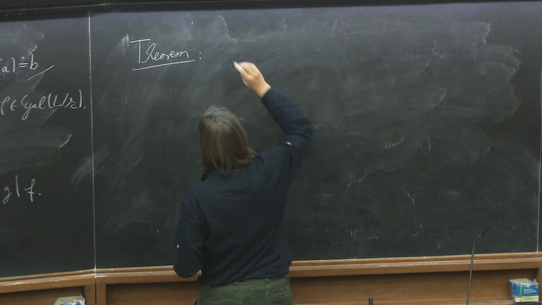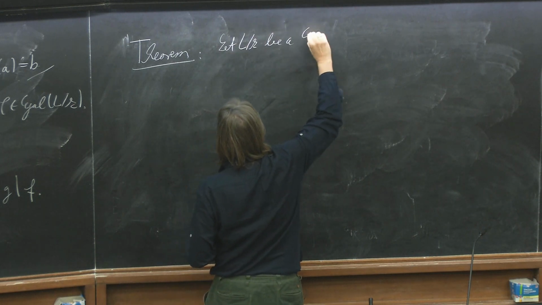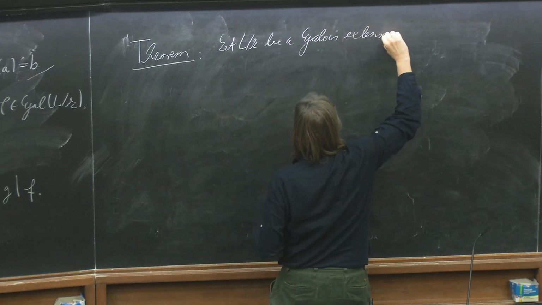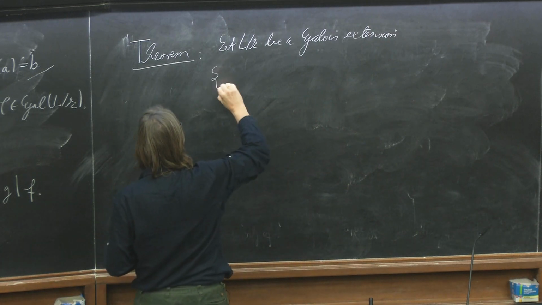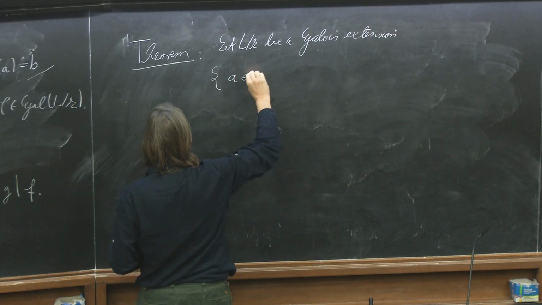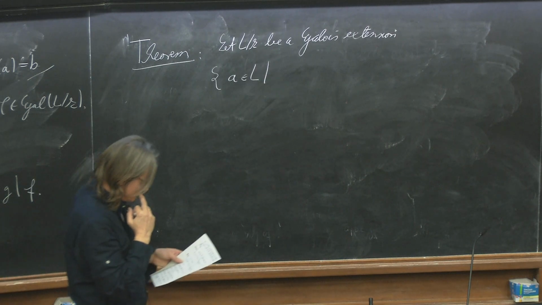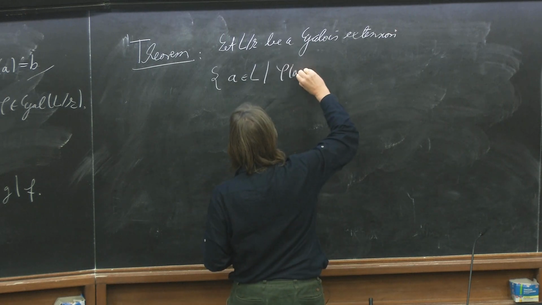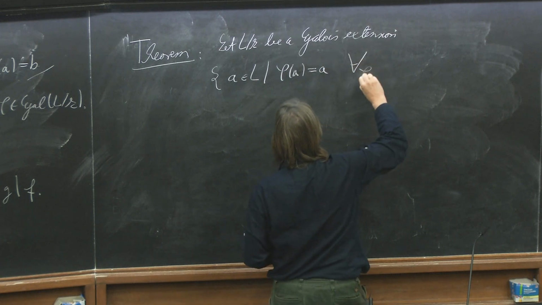So we take a Galois extension. We look at all the elements in the bigger field which are invariant under the whole Galois group, all phi in the Galois group.